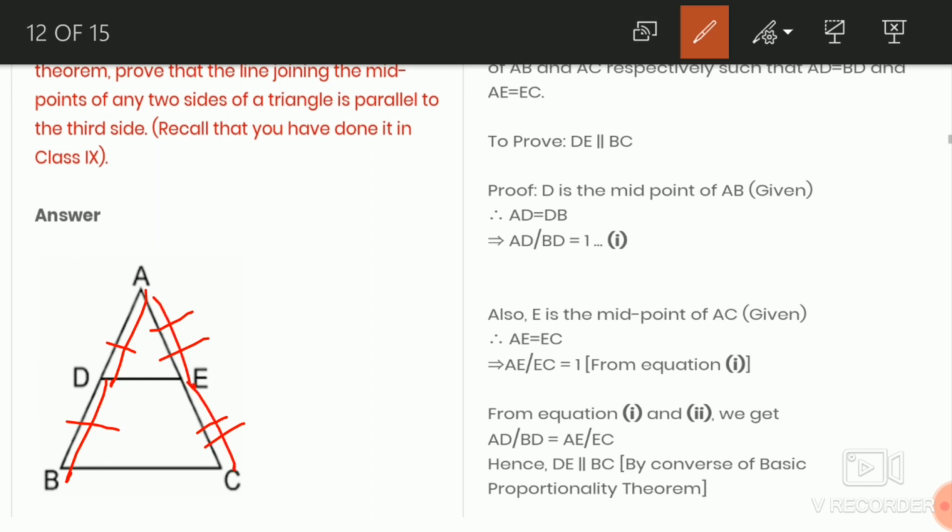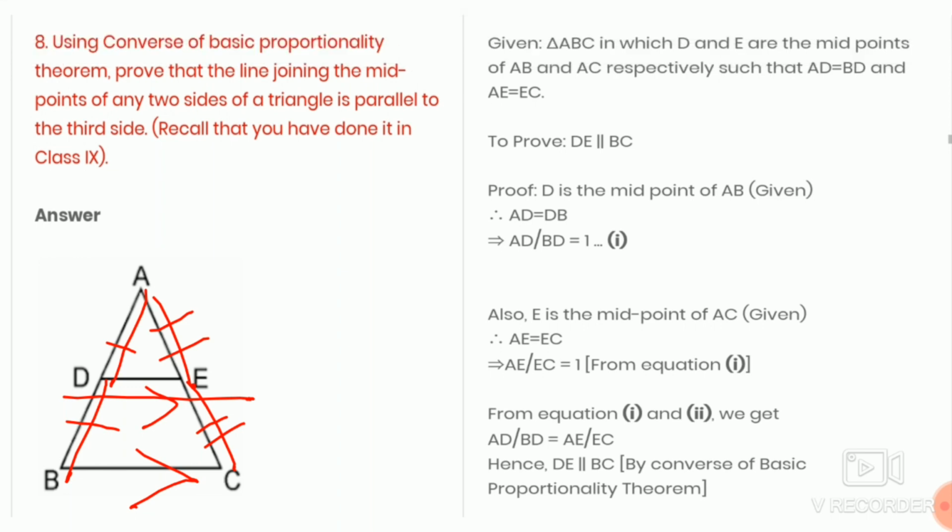This is our converse of basic proportionality theorem, right? So if we are dividing a triangle with a line and get the sides of the triangle in a ratio or proportion, then we can say this line will be parallel to the base of the triangle, BC. So hence, by converse of basic proportionality theorem, we can say DE will be parallel to BC.